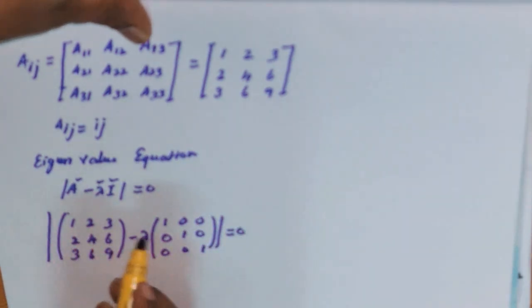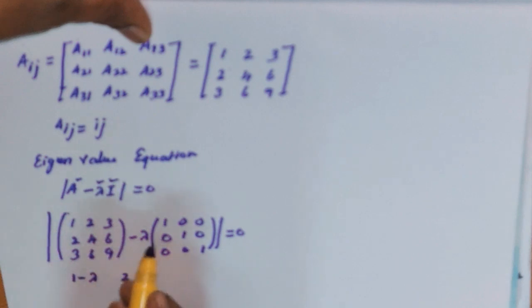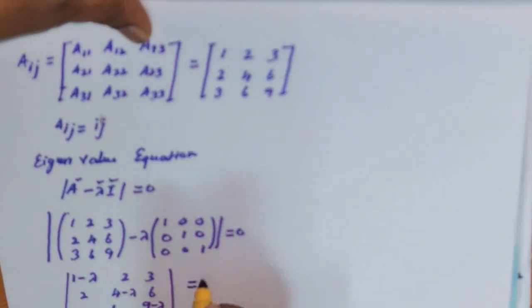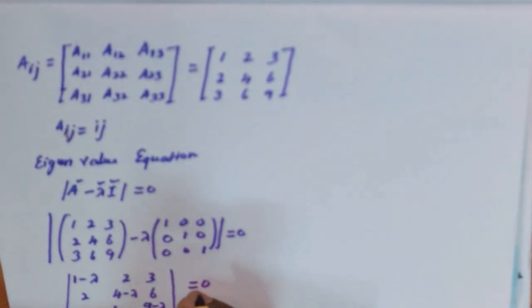If you subtract these two, you get 1 minus lambda, 2, 3, then 2, 4 minus lambda, 6. Only the diagonal elements get subtracted by lambda. Then 3, 6, 9 minus lambda. That determinant goes to 0.